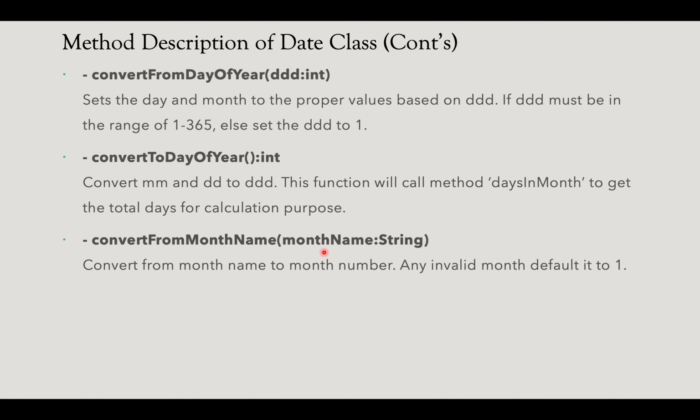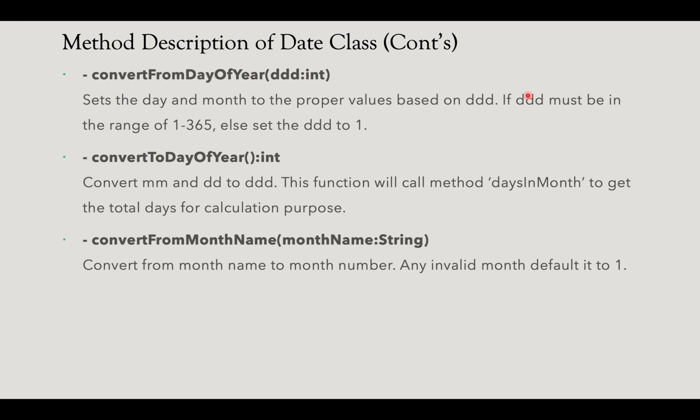And then the next thing is we're going to convert from day of year. So you're going to set the days and month to the proper value based on DDD, sorry, based on the day entered by the user.